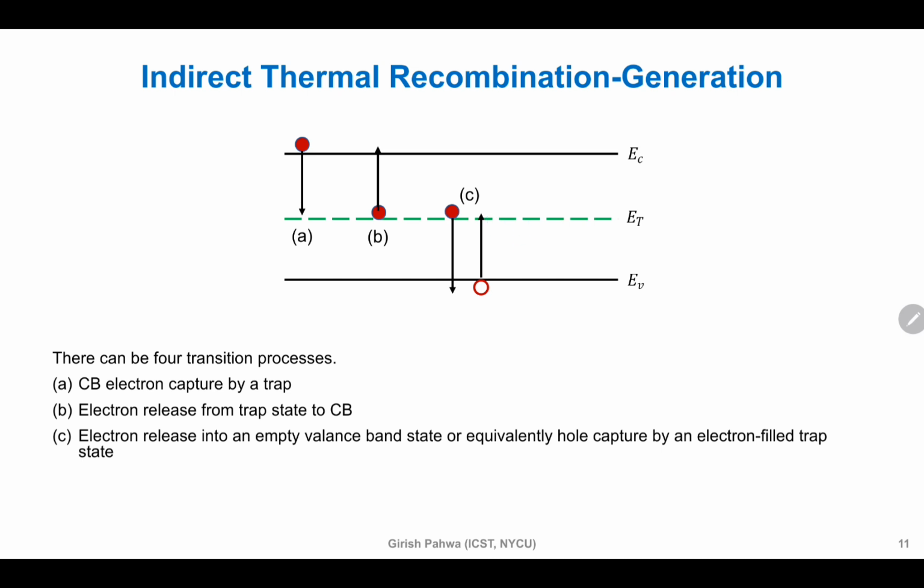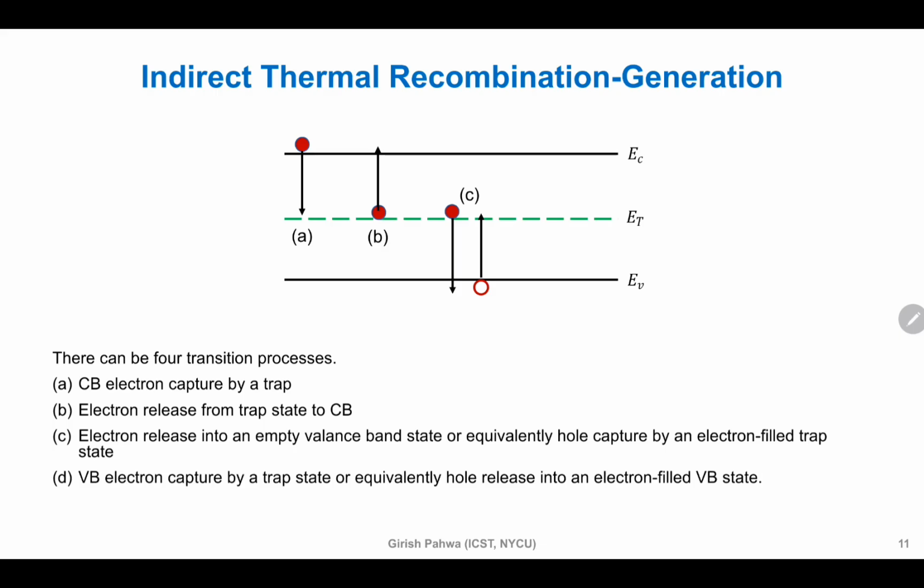There can be one more process in which the electron in the conduction band can transition to an ET level. Okay, process number 4: a valence band electron is captured by a trap state. Or equivalently you can say a hole has come down here.